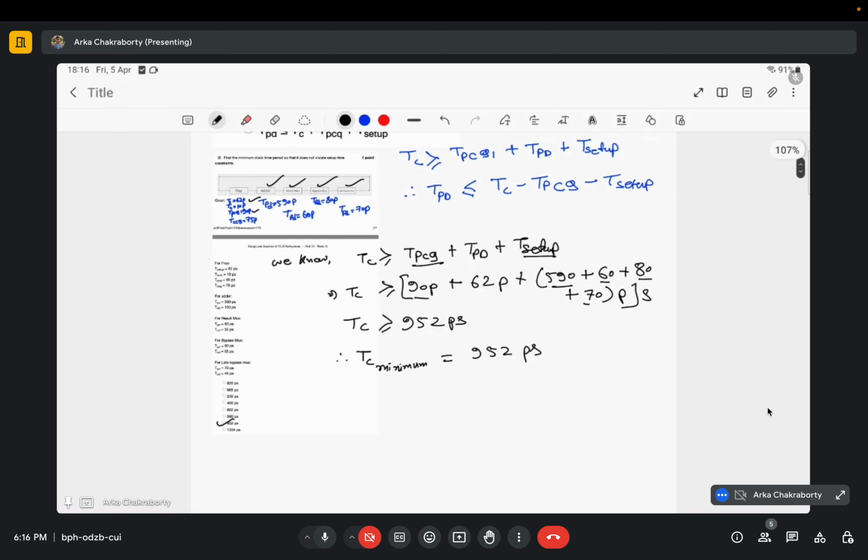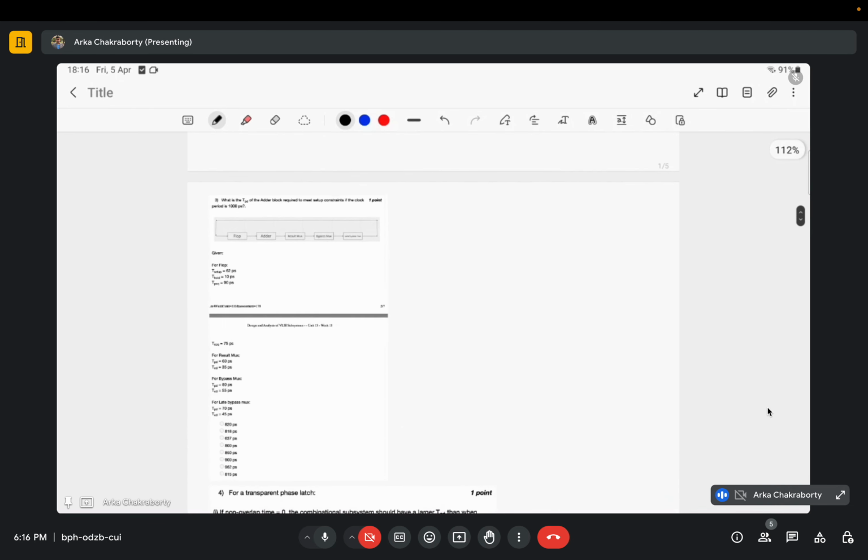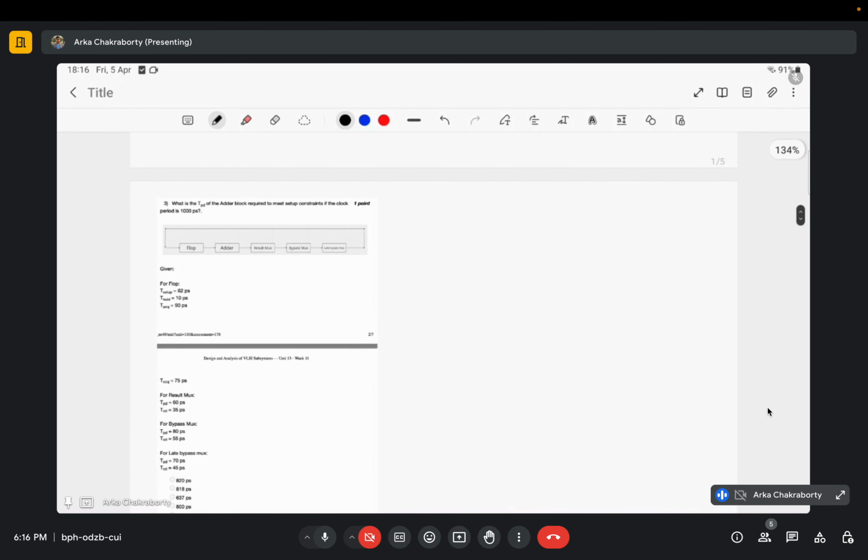Question number 3. What is the TPD of the adder block required to meet the setup constraint? The clock period is 1000 picoseconds. So now the clock period is given and I have to find the propagation delay of the adder circuit. Same, we have a simple equation.